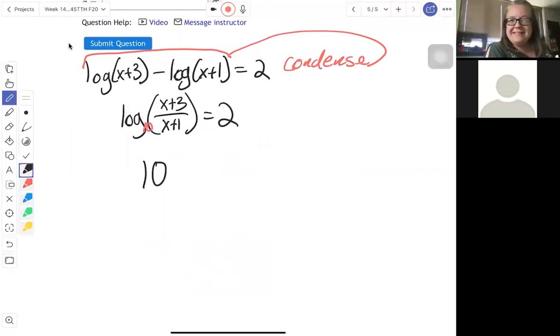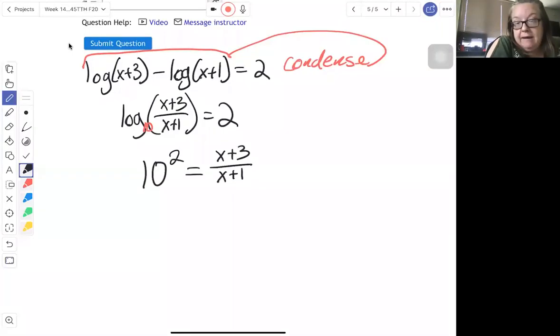So you write your base down, and then you swap the other two things around, okay? So what the logarithm is equal to is my exponent. So I'm going to bring it in close to 10 as the exponent. And then my argument will be on the other side of the equal sign. Then we'll go ahead. We want to solve this for x.